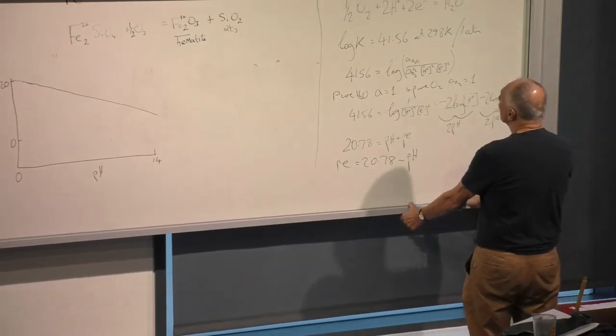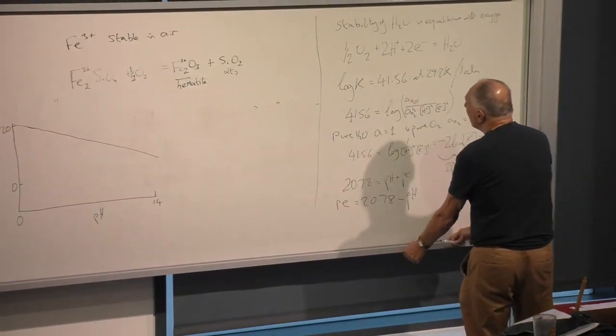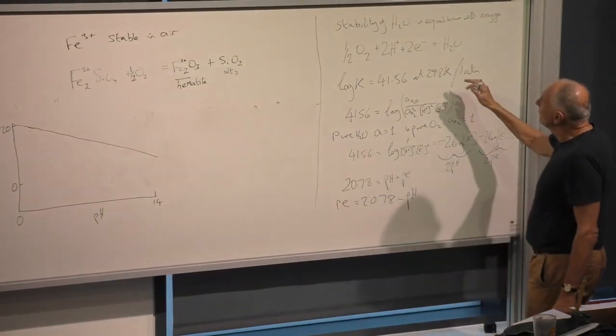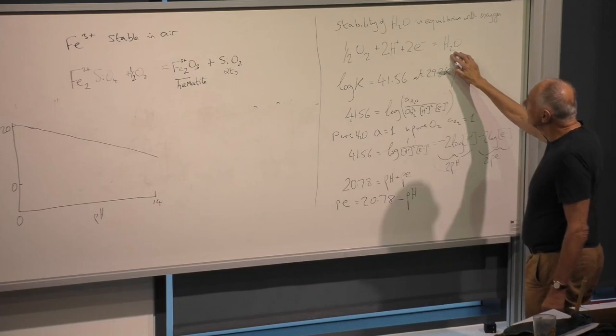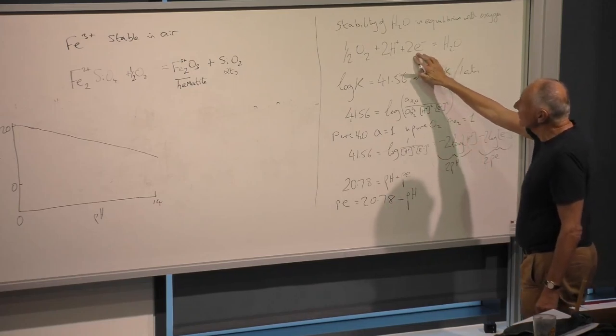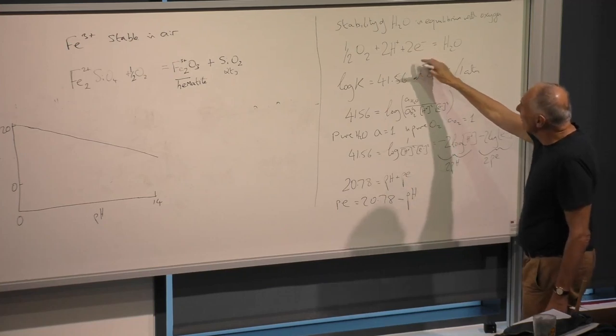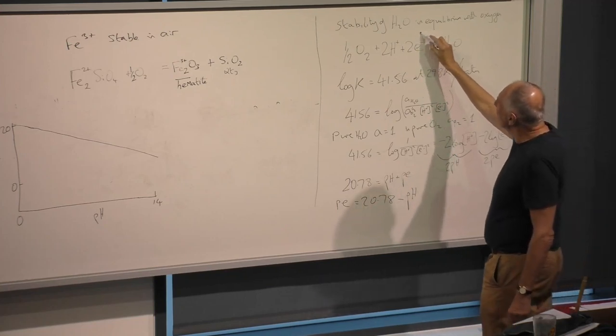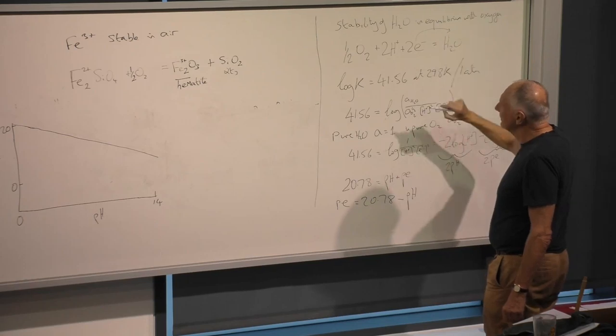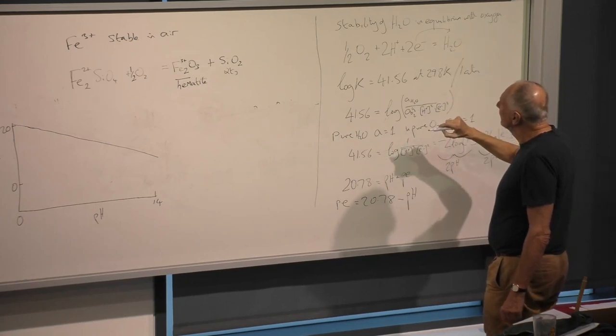And of course, water is stable on the side in which the electron concentration is high, right? So we pump up this and we drive the reaction this way. Okay?